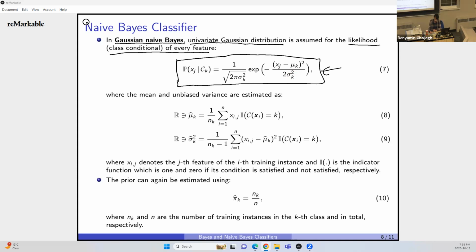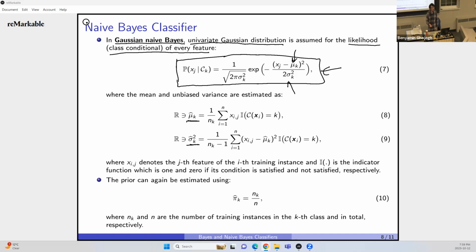How can I calculate this mu and sigma? Can you tell me? We have said it several times in this course. Do you remember? We can use the estimations. These are the maximum likelihood estimations of mean and variance. So basically, I approximate the mean by the average of the points in the class, and the variance by the sample covariance matrix, or sample variance.